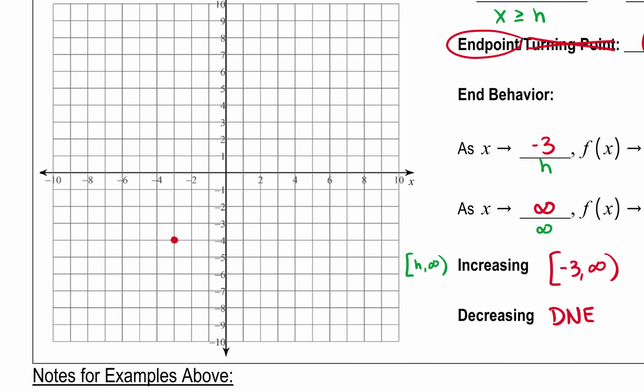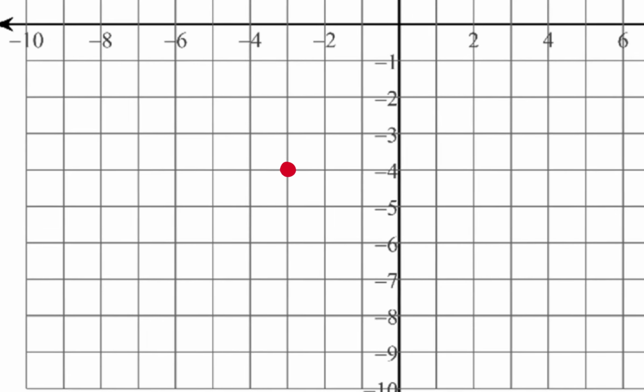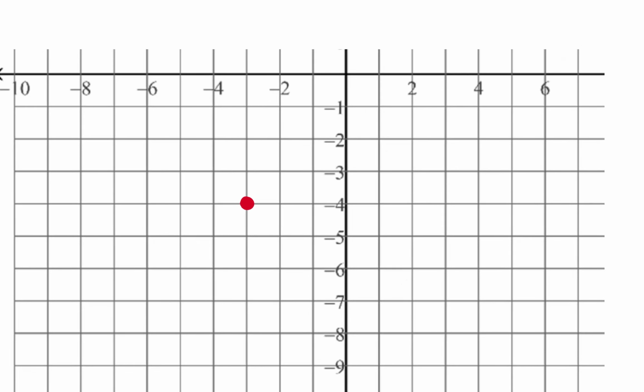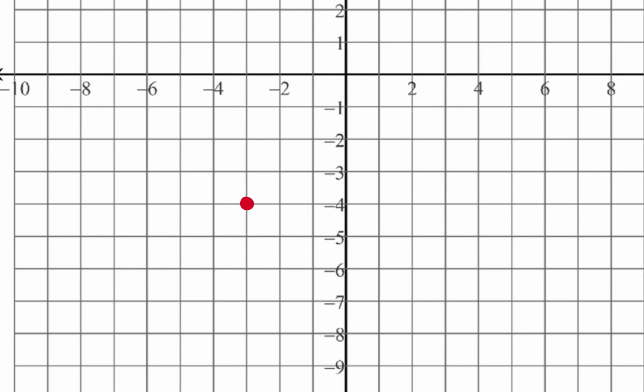Well, if you look at increasing, decreasing, I am increasing, right? Which means I'm going to go up to the right. So here's the pattern. There is a pattern for these. If you remember the parabola, the quadratic, remember how we would go over 1 and then go up 1 squared, and then we go over 2 and then up 2 squared, and so on, like 3 and 3 squared?